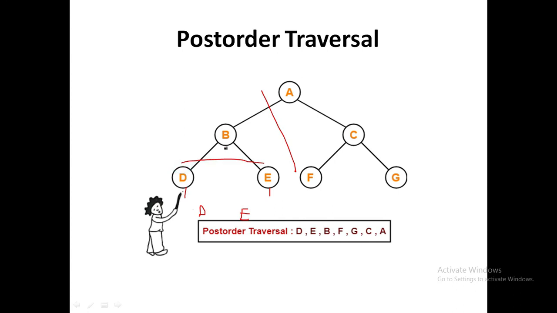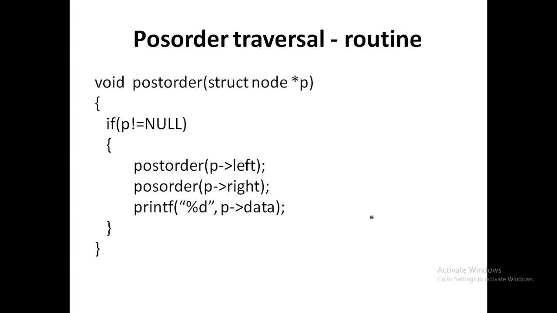After plucking this, the next leaf node is B. After that, we pluck out the next leaf nodes, and after these two we write C. Level by level, left side, we are just plucking and writing the nodes from left to right. After that, finally A. It's a simple way of writing post-order traversal.